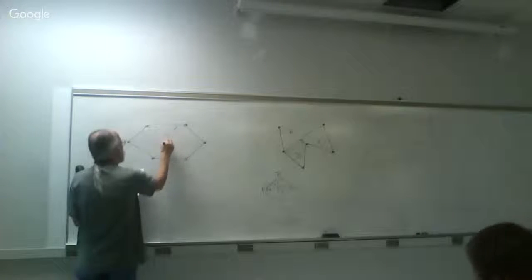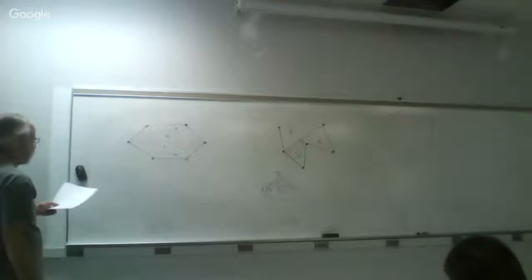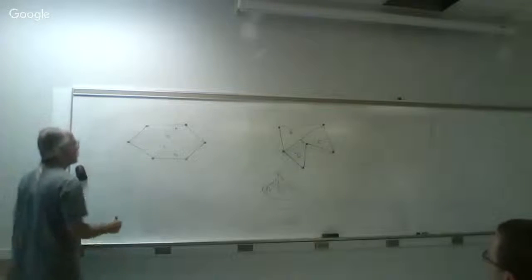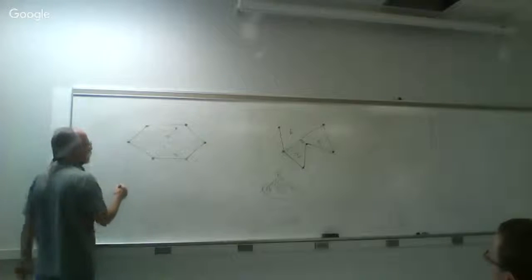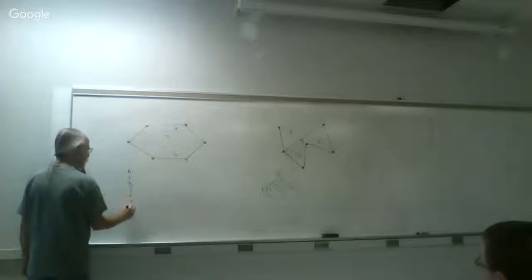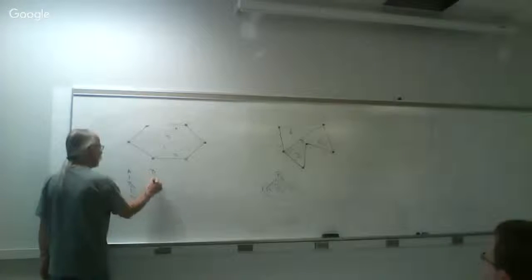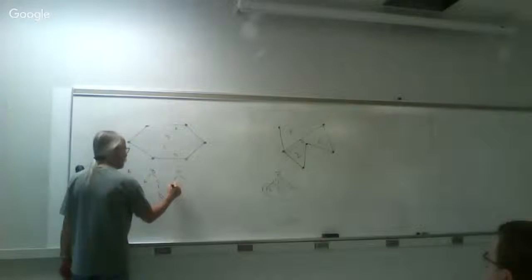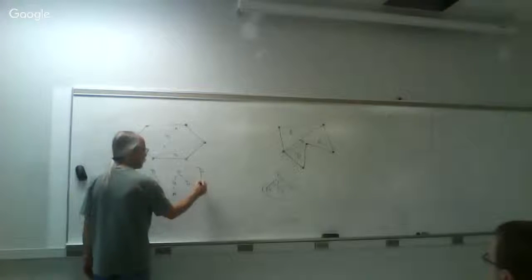I've got A, B, C, and D. And if I make the dual graphs from this, they always wind up being pretty trivial. A is connected to B, is connected to C, is connected to D, and starting at any other place, we just get the reverse chain.